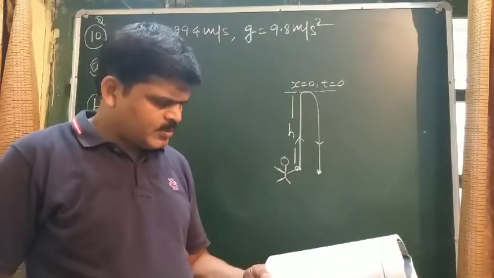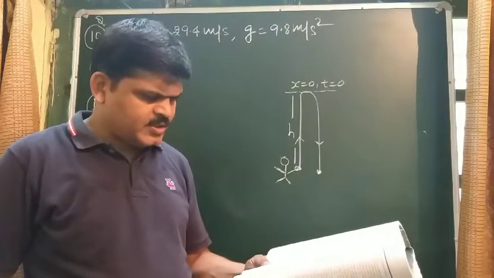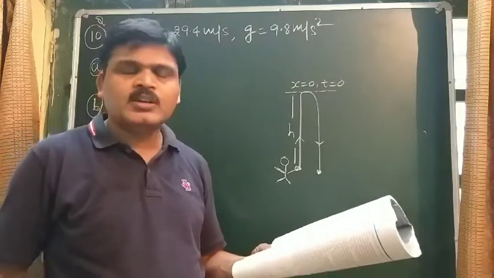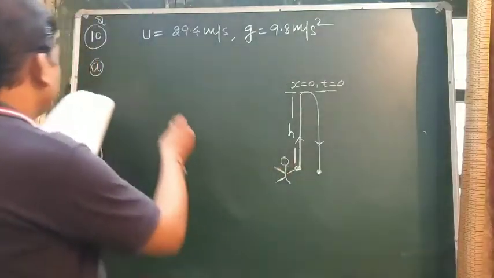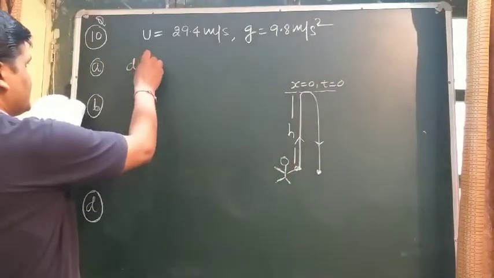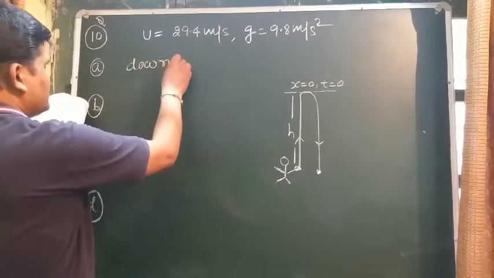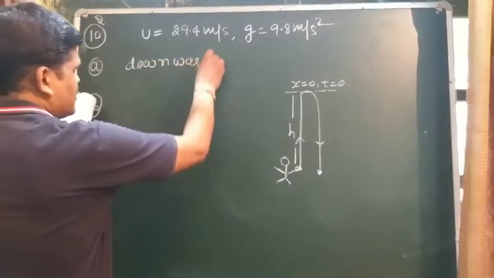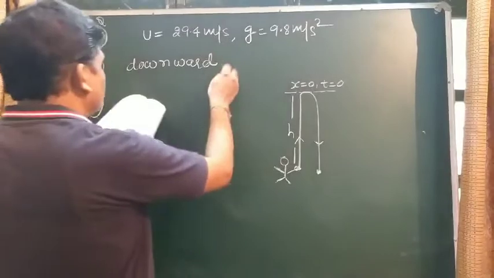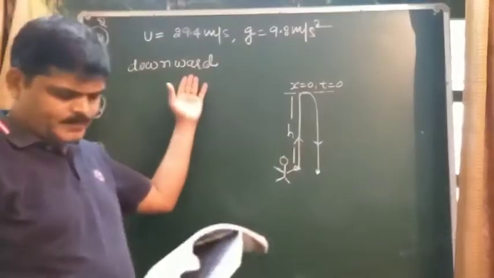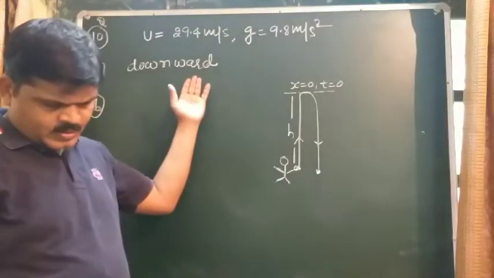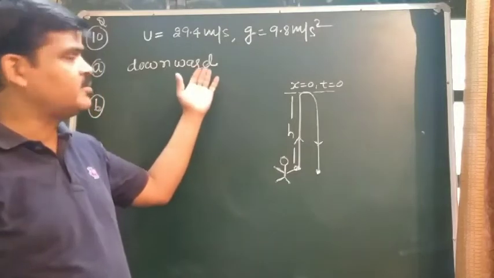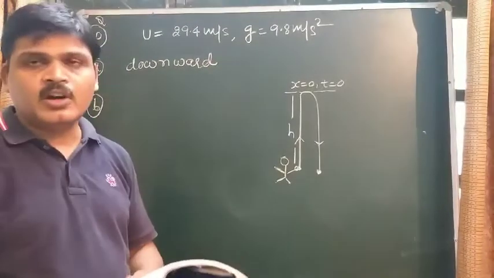So the direction of the acceleration during the upward motion of the ball is downward. First answer is downward. So acceleration during the upward motion of the ball is acting downward.